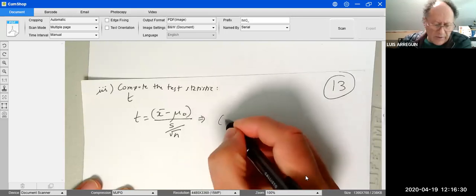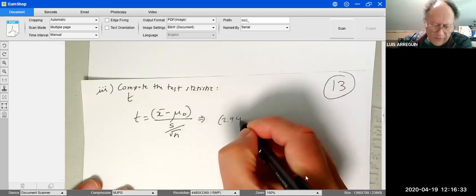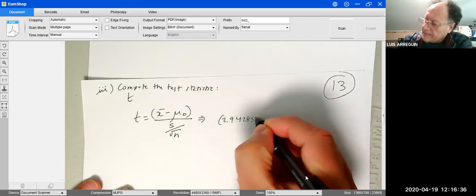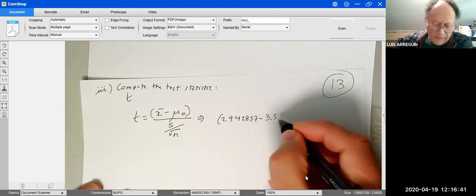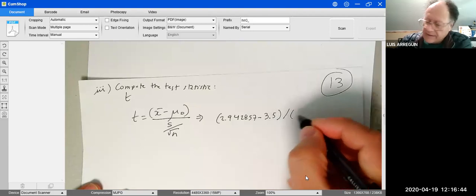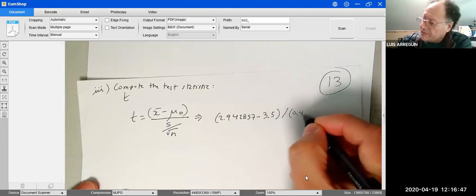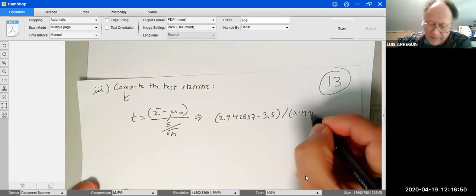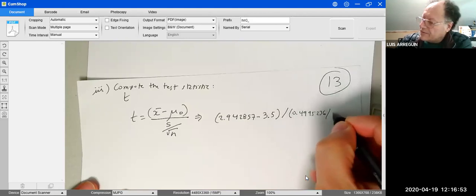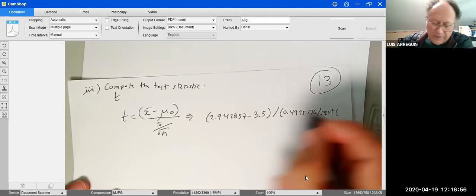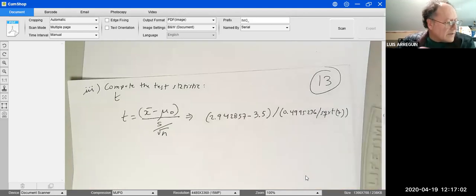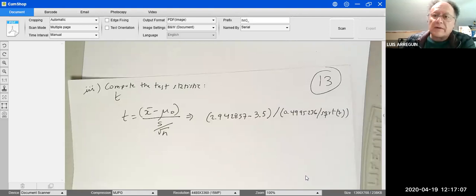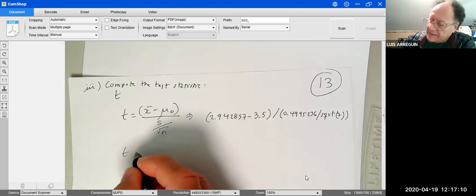So in our case, it's gonna be the mean that we found, 2.94, minus the mean from the null is 3.5, and we're gonna divide this by the standard deviation, 0.4995 to 36 over the square root of the number of data values, which is 7. So that's the computation that we need to perform to find t.